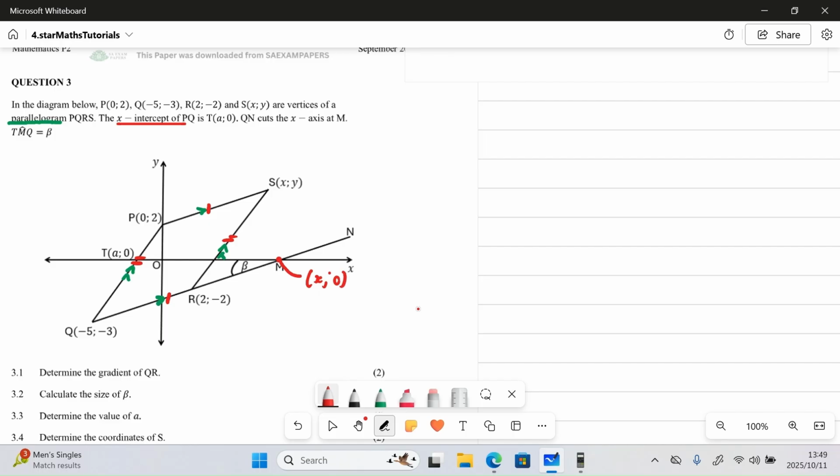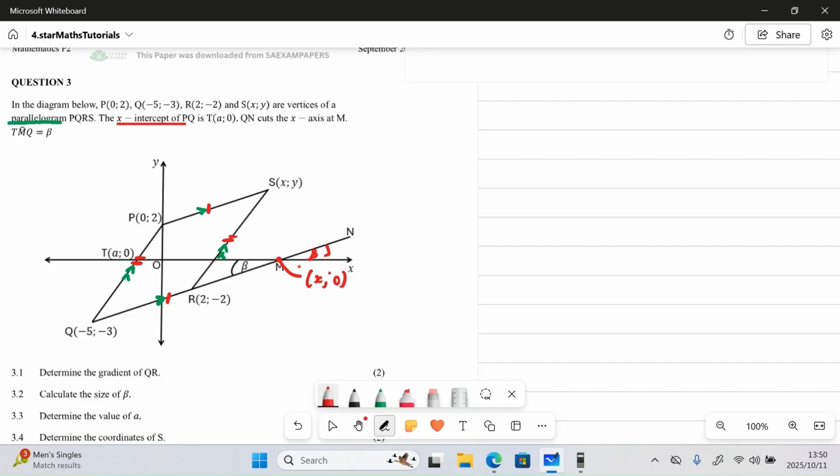We're given the answers. Then we're also given the angle M in triangle TMQ. That angle is equal to beta. Then we know that even this one is going to be equal to beta because these are vertical opposite angles. In other words, the examiner is trying to tell us about the angle of inclination of QN.